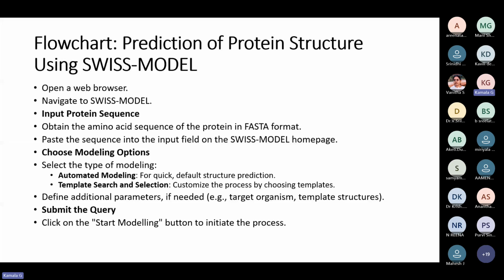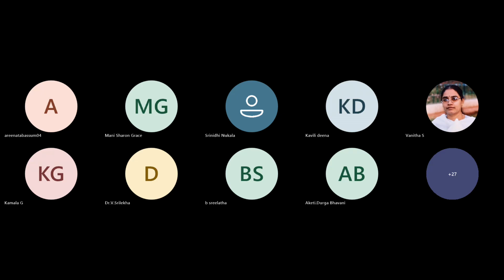Now, just move on to the next level, right? So according to your convenience, you have to take any amino acid sequence. Any amino acid sequence. Okay, so I'm just going to the workspace.